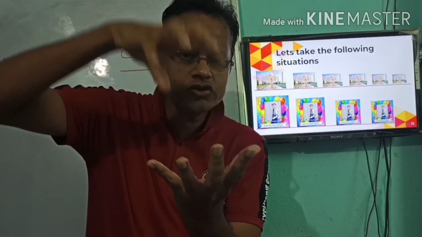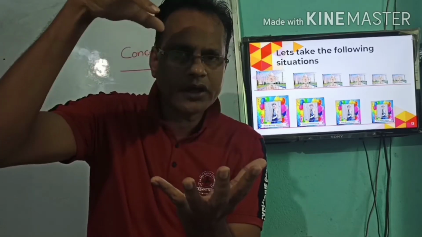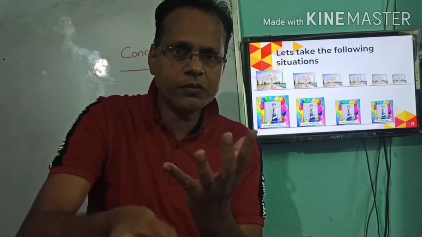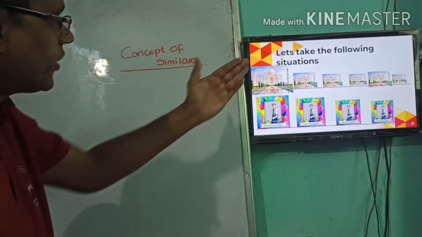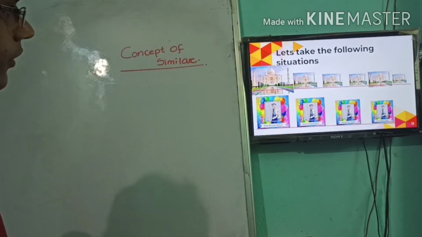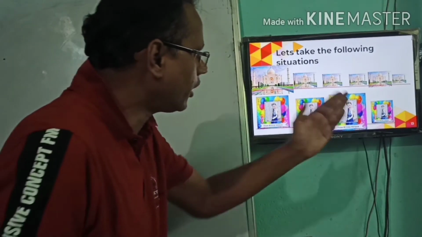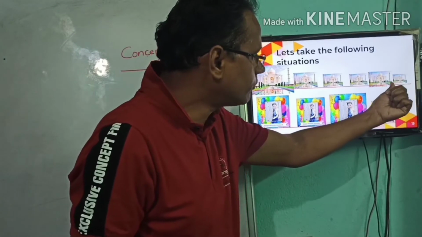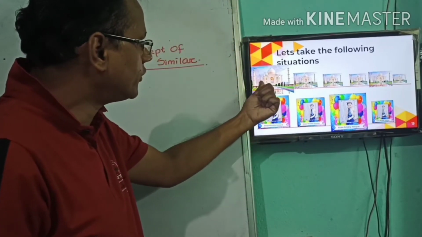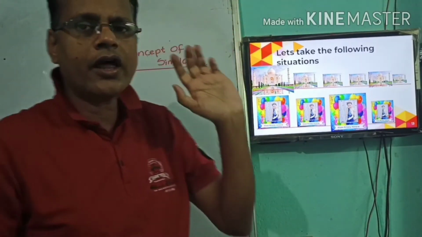One figure is zooming and then it is coming zooming. What are you observing? Just see for 1 minute. Look at this Taj Mahal, it is zooming. Another, look at this photograph, it is also zooming. From the smaller Taj Mahal to the bigger Taj Mahal, you have seen what happened?